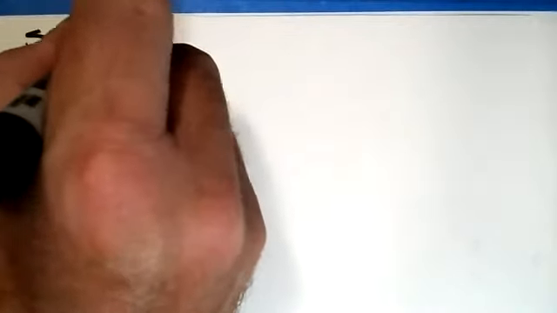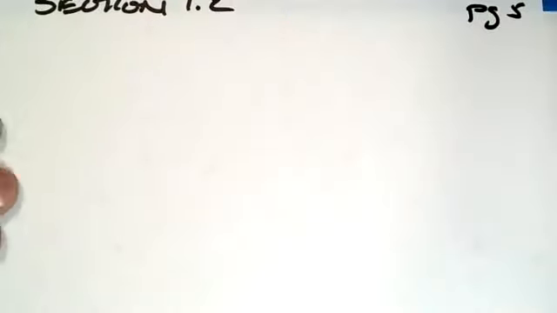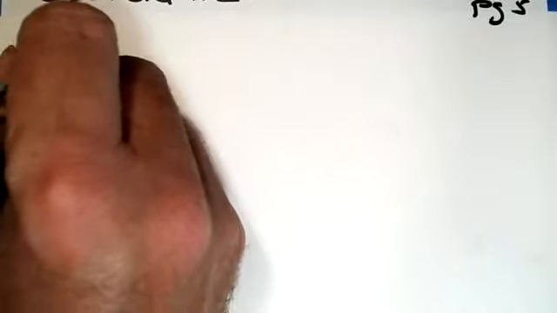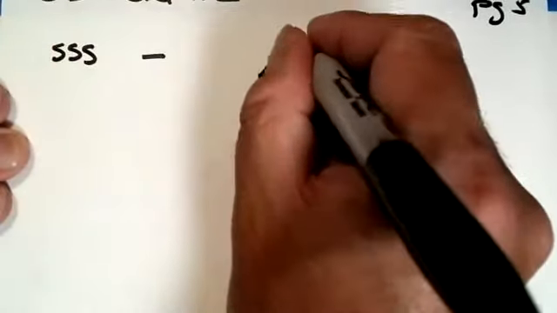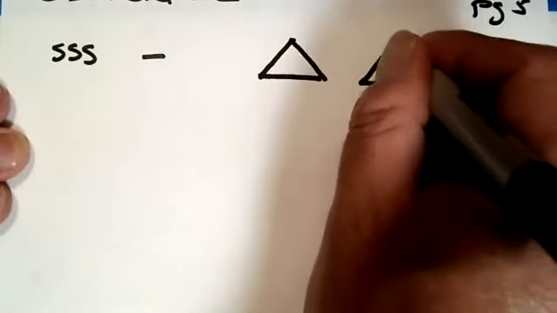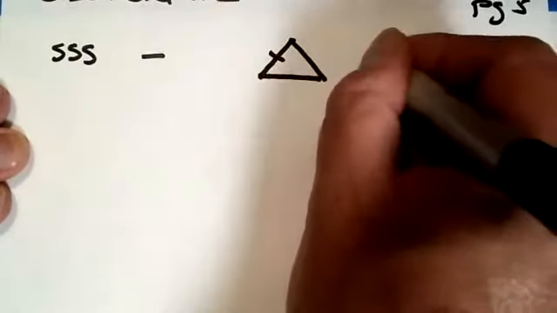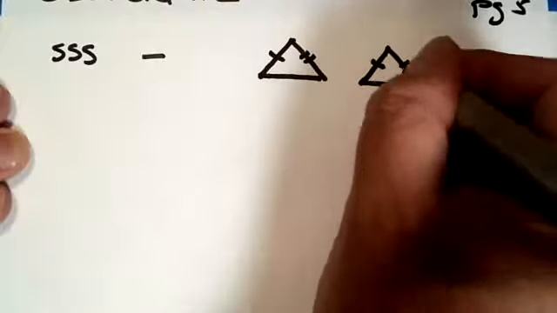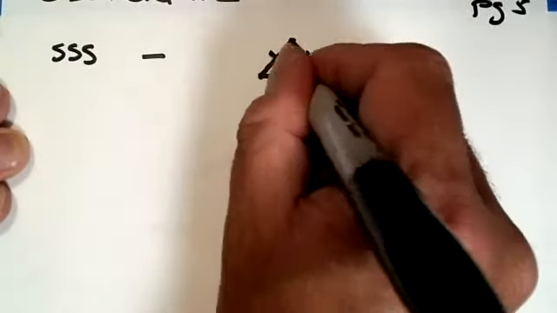We've got a couple more here. The so-called side, side, side, which is where we have two triangles where corresponding sides are congruent.